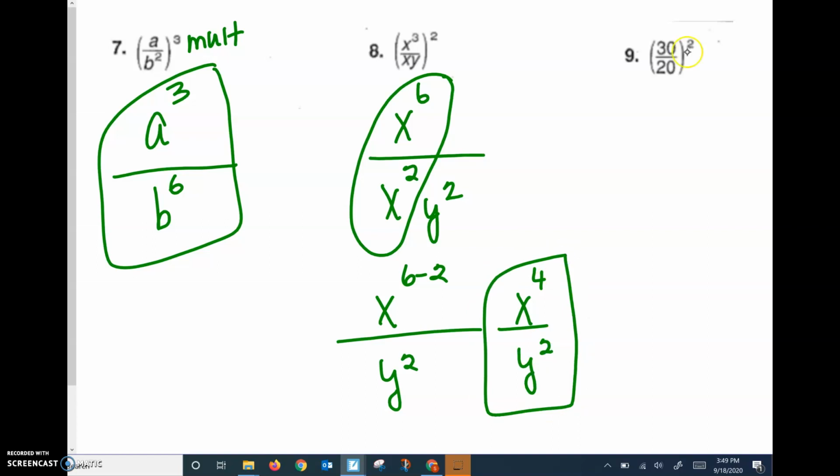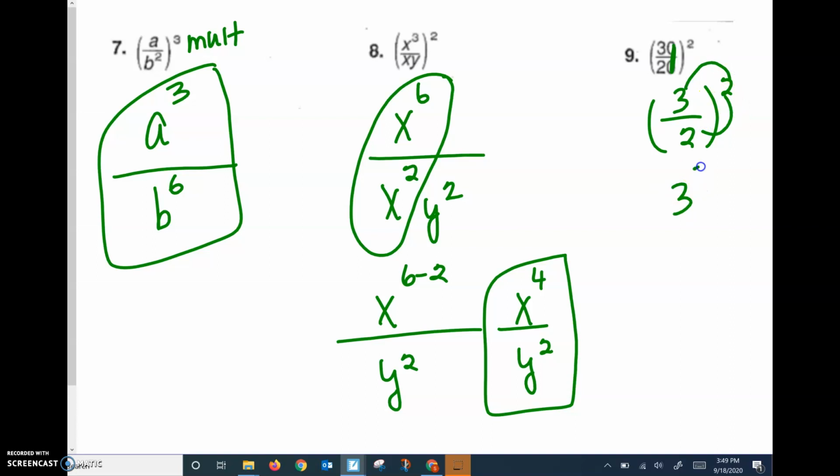All right, so inside this parentheses, we can actually simplify first so that we have smaller numbers. 30 divided by 20, I can take both of those and divide by 10 so that I end up with 3 over 2. And I still have this exponent on the outside. Now remember, you have to bring the 2 into the 3 and the 2 into the 2.